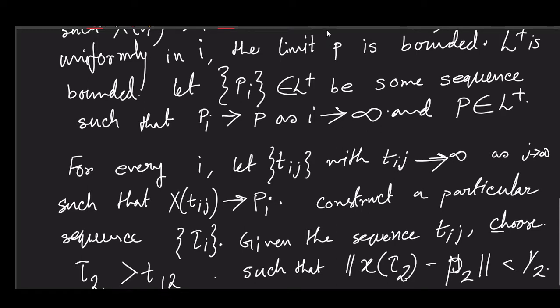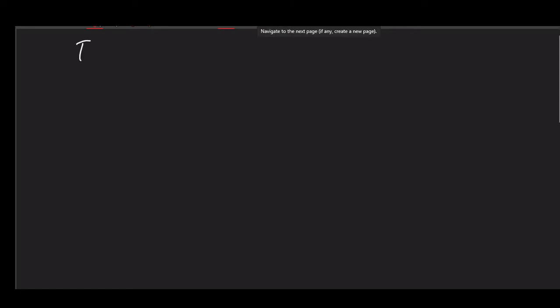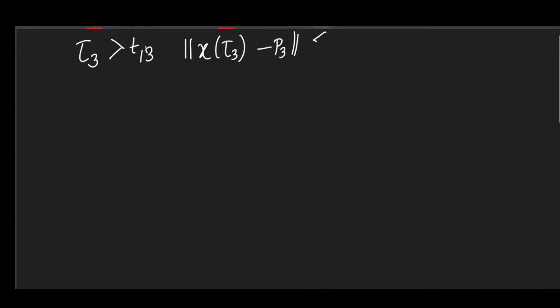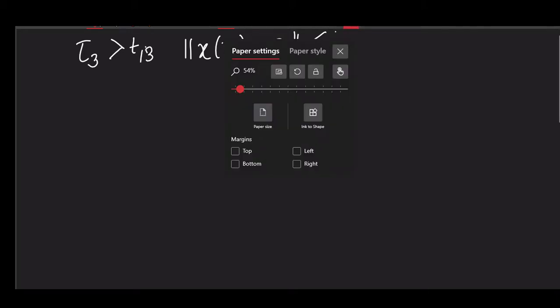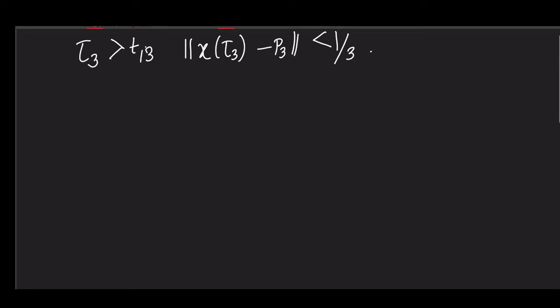Similarly, you can select tau_3 greater than t_13, such that the norm of x(tau_3) minus p_3 is less than 1 upon 3.